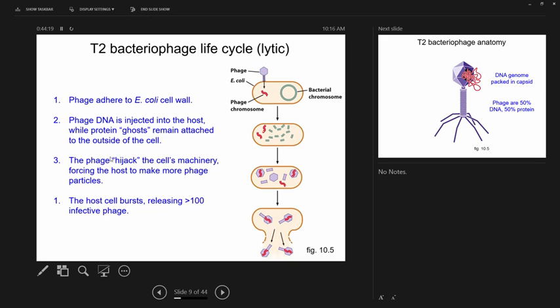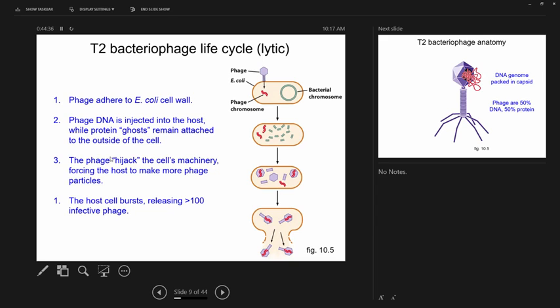That's not what Hershey and Chase were doing here, but what I'm telling you is that the T2 bacteriophage system was already fully established as a model system.